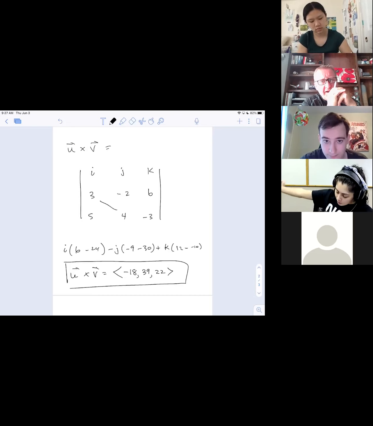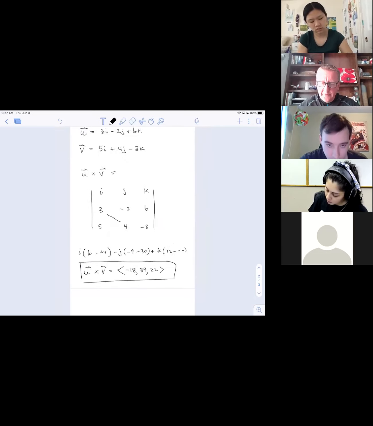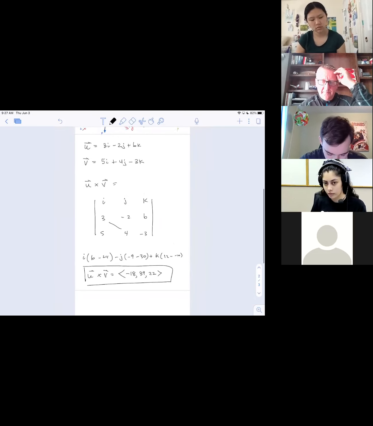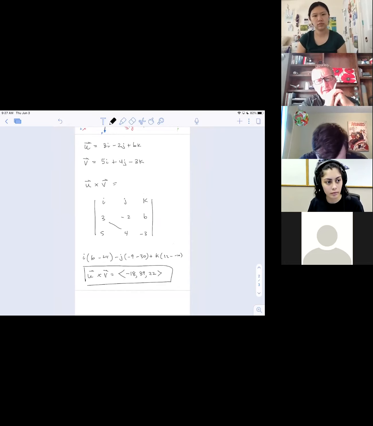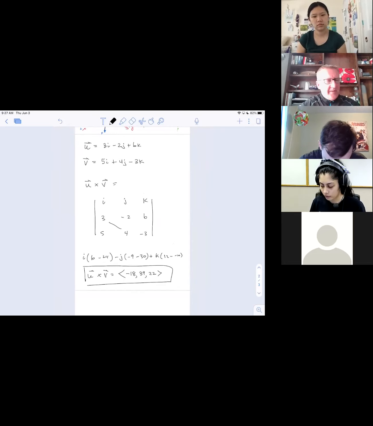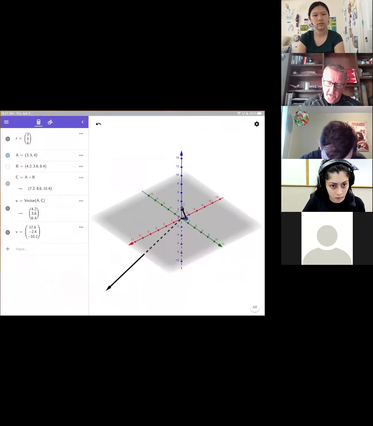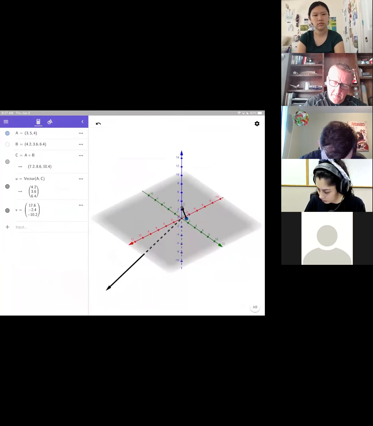So of course the question is, if I drew those two vectors, and notice those two vectors are no place in particular. Again, we're over time, but this won't take me very long. I'm going to graph these in GeoGebra without adjusting them.